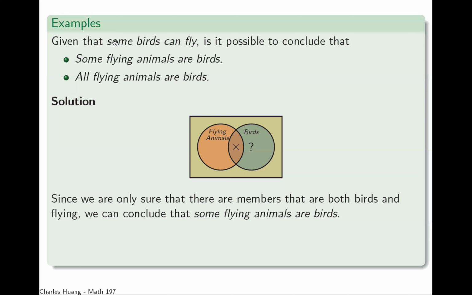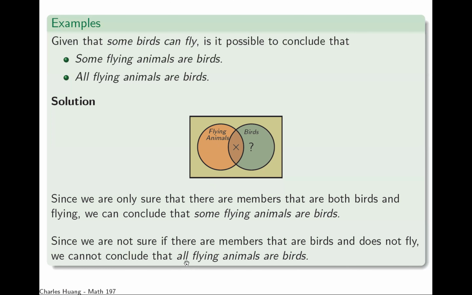Now, the information we're given, some birds can fly, doesn't tell us what happens here. That doesn't tell us if I can have flying animals that are not birds. So it doesn't tell us anything here, and we cannot say that all flying animals are birds.